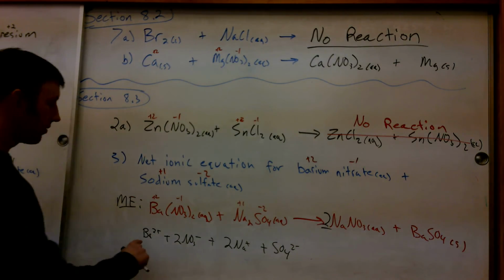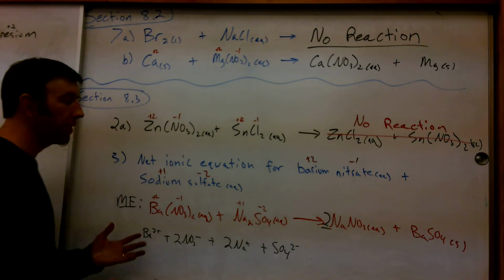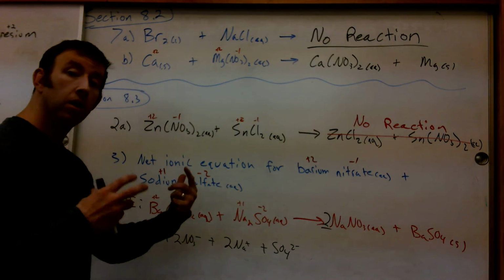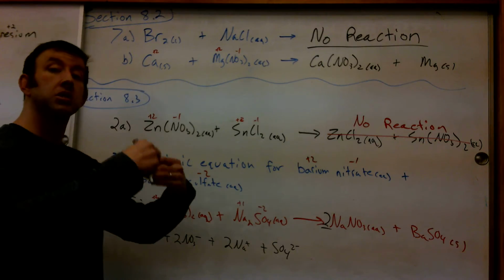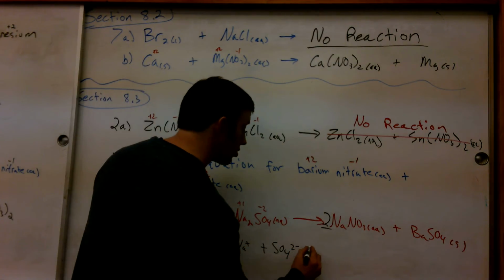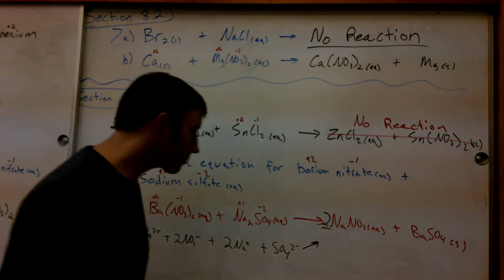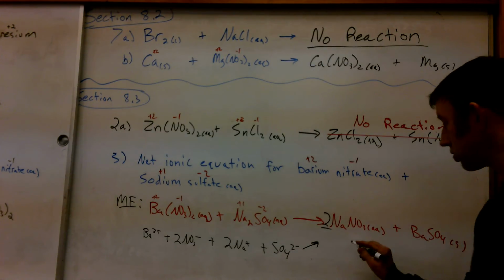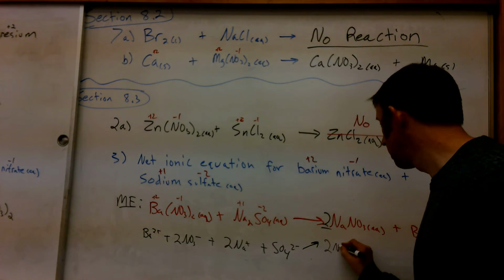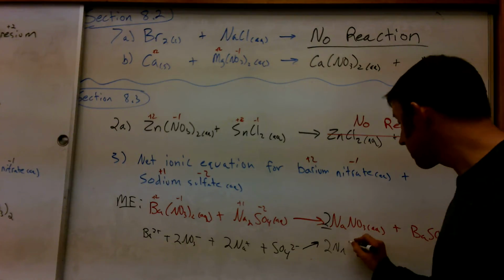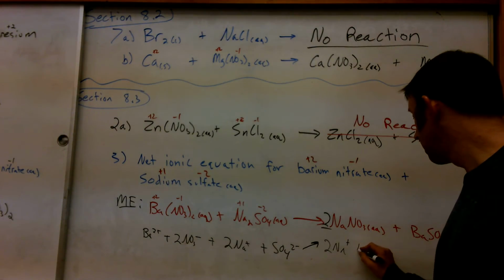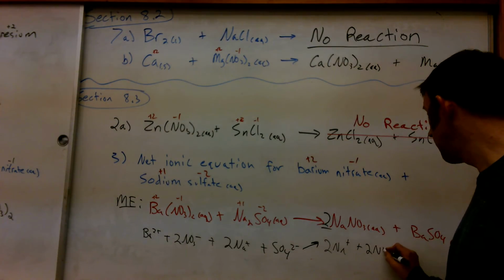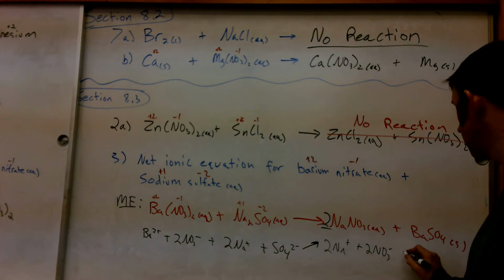So these are all my ions in solution when I mix them. Now some of these are going to combine with something else, some are going to stay ions. So we'll finish that reaction out. Right here, 2 sodiums. Now this is aqueous, so that's a plus, plus 2 NO3 minus, plus.